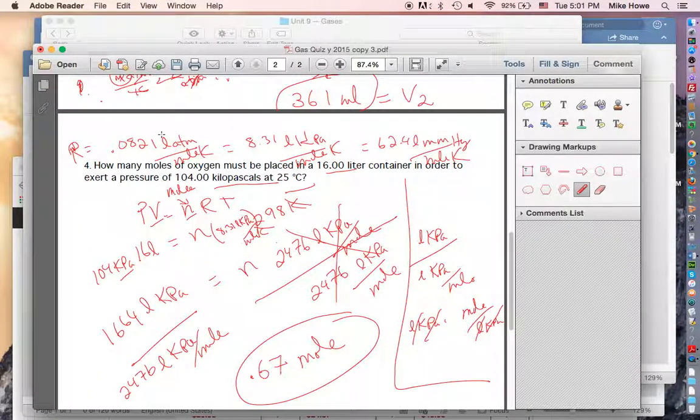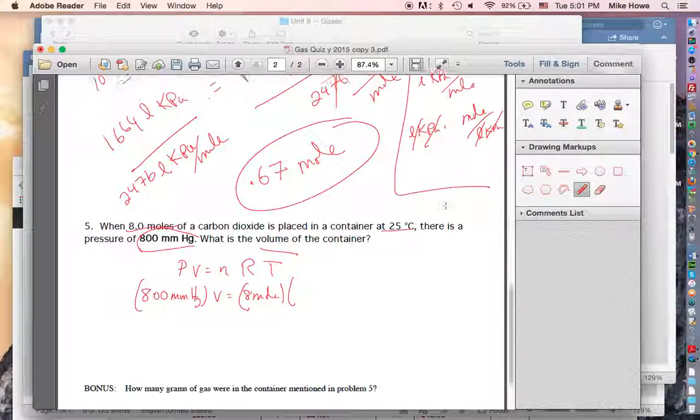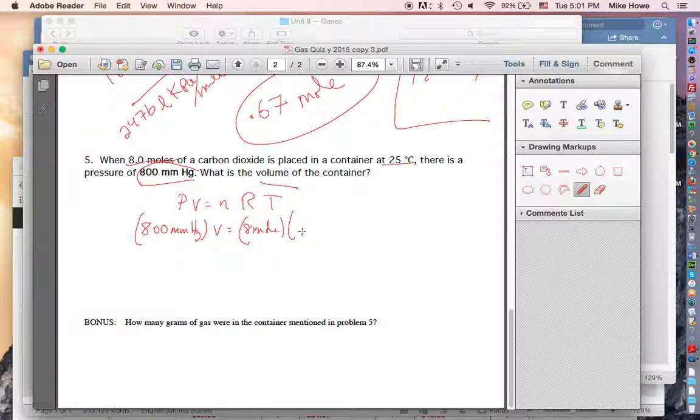So if you remember these R values, the one that matches is 62.4. So I'll put in 62.4 liter torr per mole Kelvin. Now, torr is the same as millimeter of mercury. Just trying to remind you of that.